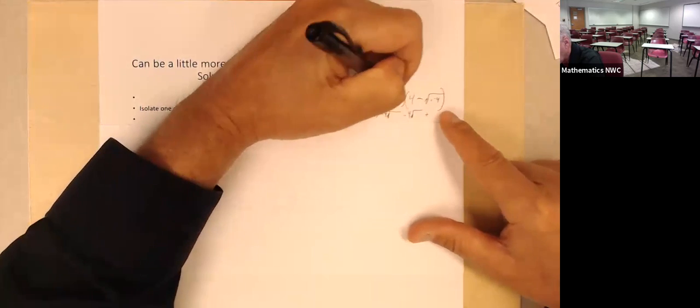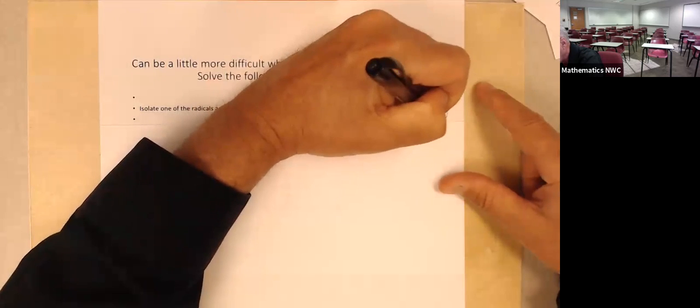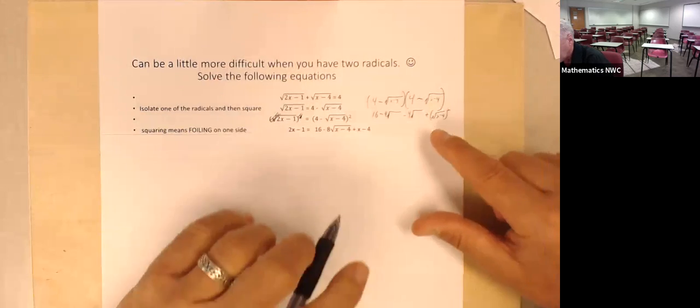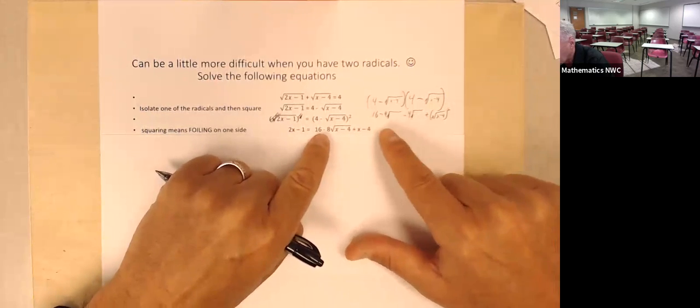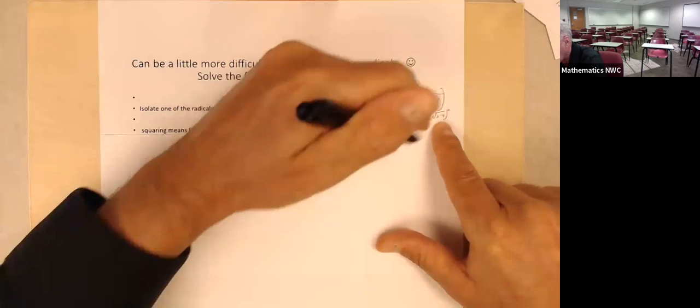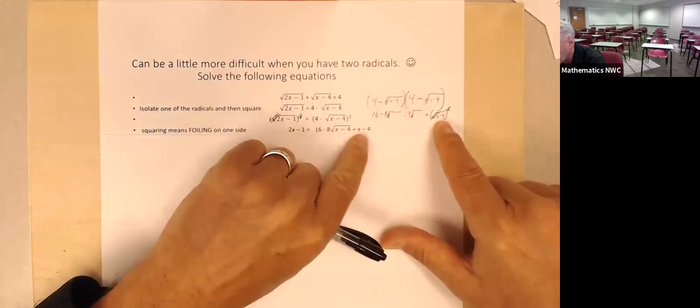And finally, I'm going to have this radical squared, which is going to eliminate the radical. So I'm going to have 16. I've got 2 minus 4 radicals, which makes minus 8. And here the radical and the squared cancel, so I get x minus 4.